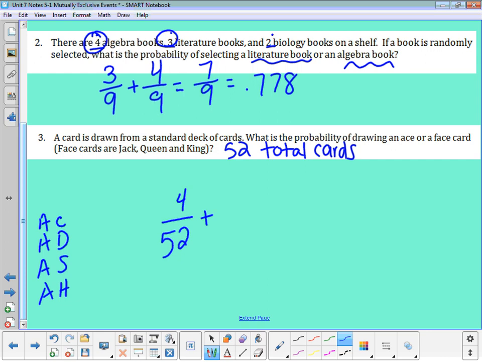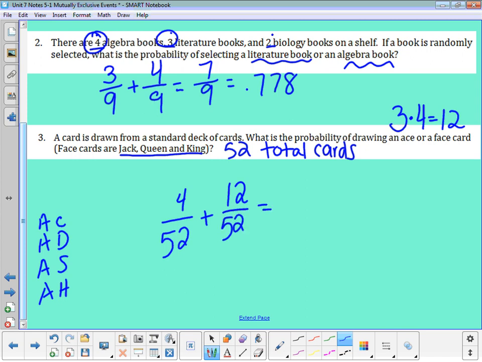Next, I want to figure out the probability that it's going to be a face card. Well, there are jacks, queens, and kings. So there are 3 face cards per suit. Let's write that out. 3 face cards times 4 suits means there are 12 face cards in a deck. So the probability of getting a face card is 12 out of 52.